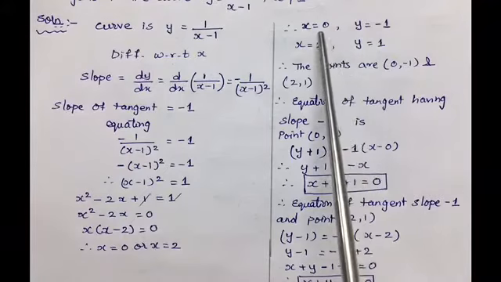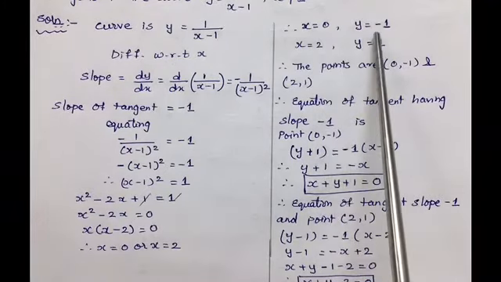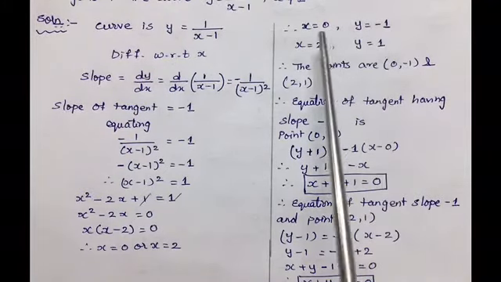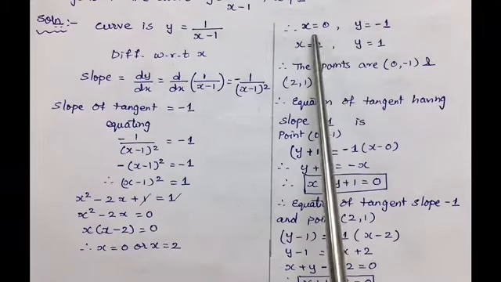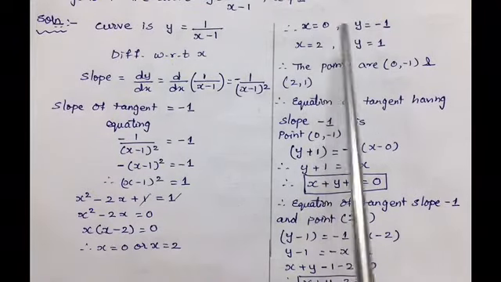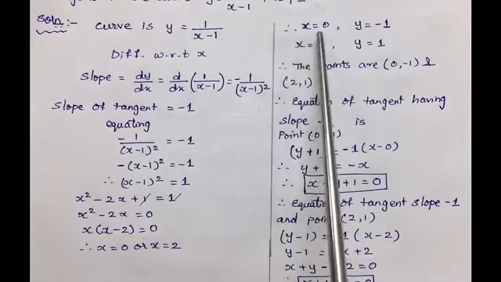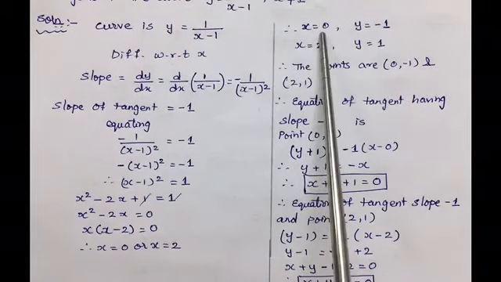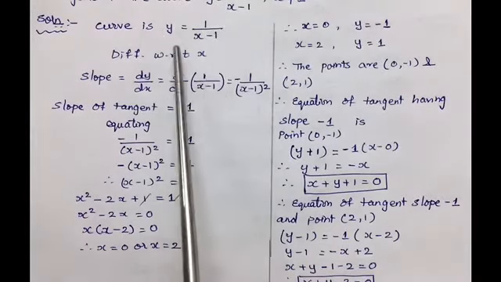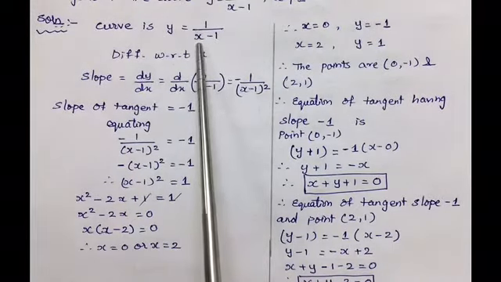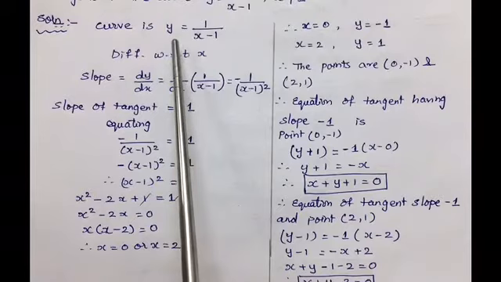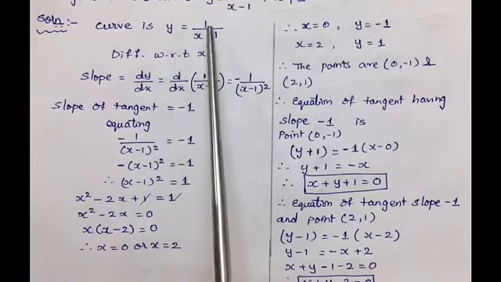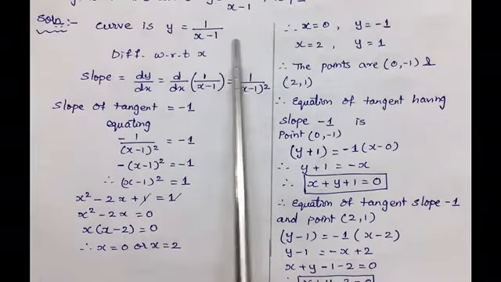Now as x is known, we need to calculate y also, because for points we need both the values x and y. So when x is 0, this value of x equal to 0 is to be substituted in the equation given. That is, y is equal to 1 upon x minus 1.